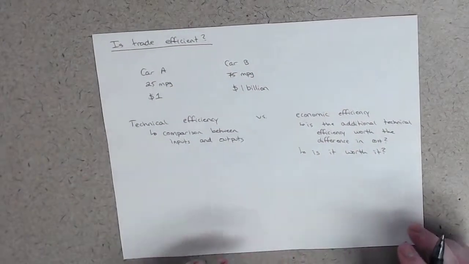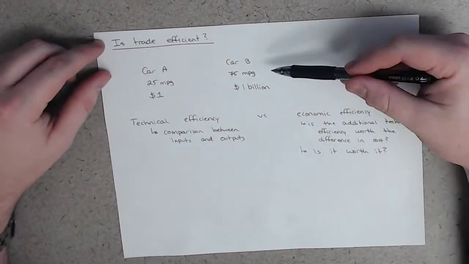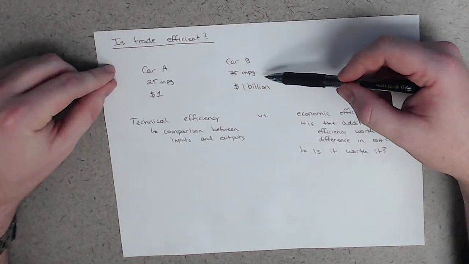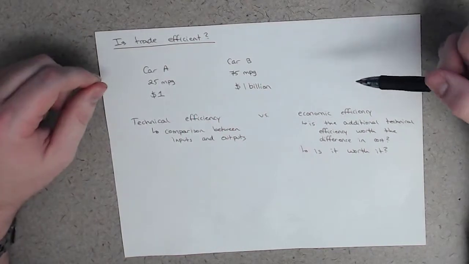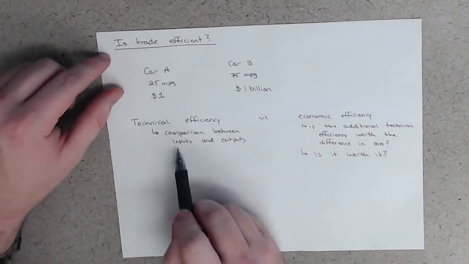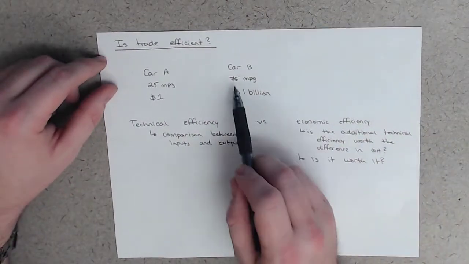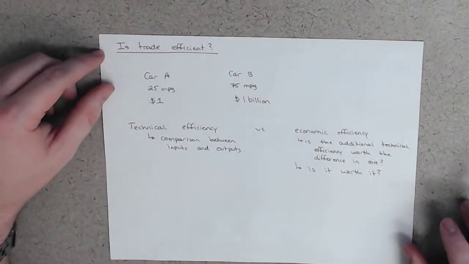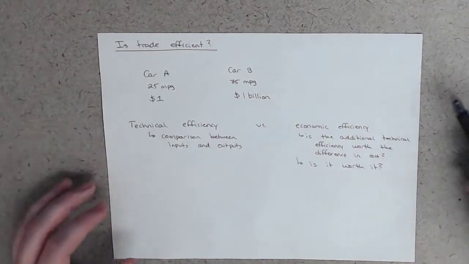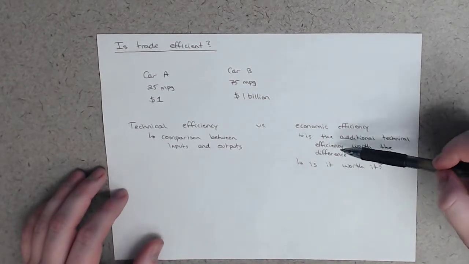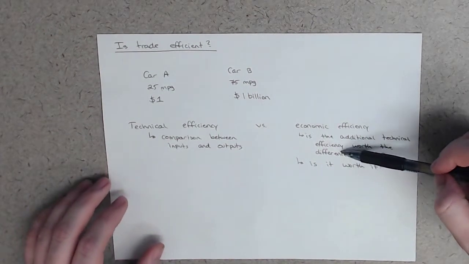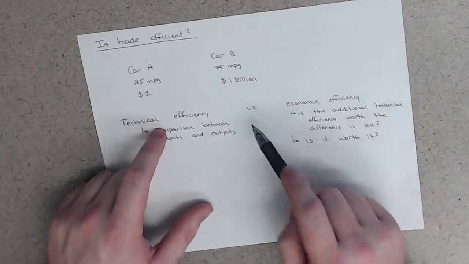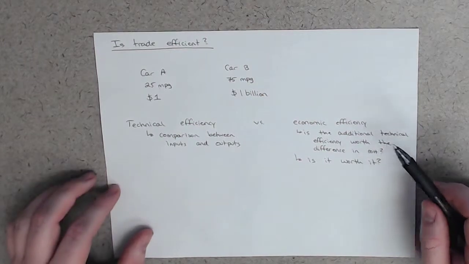All right, so car A is less technically efficient than car B, right? Because if you put a gallon of gas into each one of these, an input, you will get more miles, an output, from car B than you will from car A. But it might be the case that car A is more economically efficient than car B because it only costs $1, whereas car B costs $1 billion, right?